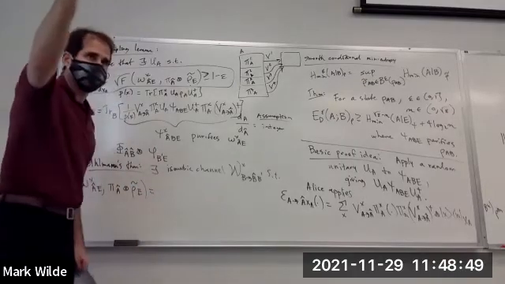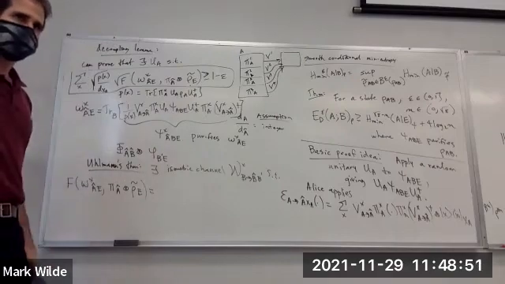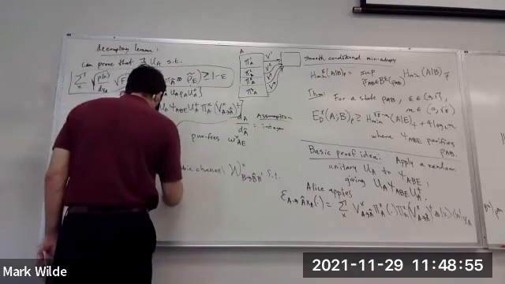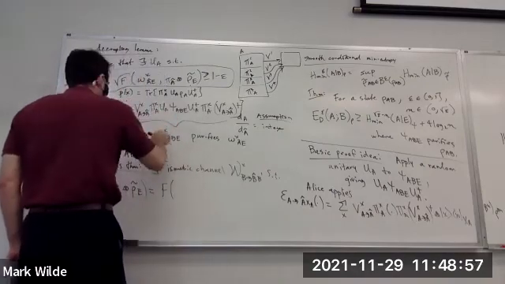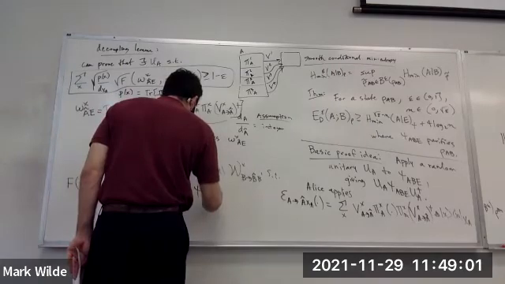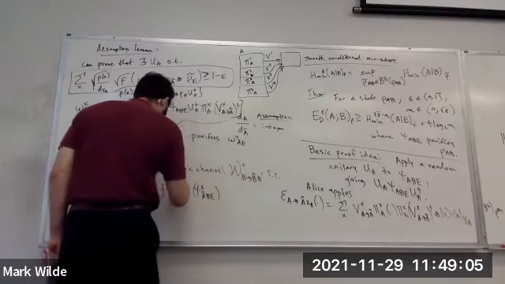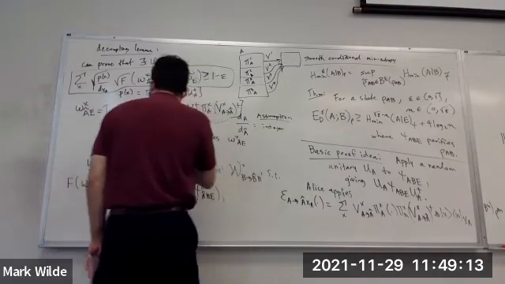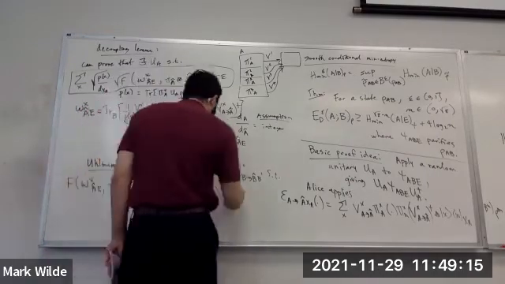And now we have the fidelities, but with the isometry relating the purifications. So fidelity of psi x A hat B E with phi A B hat.